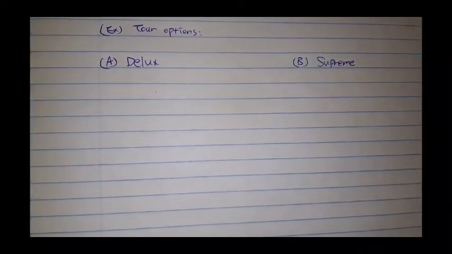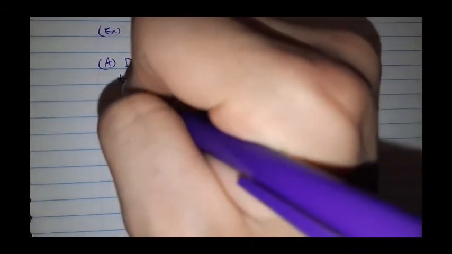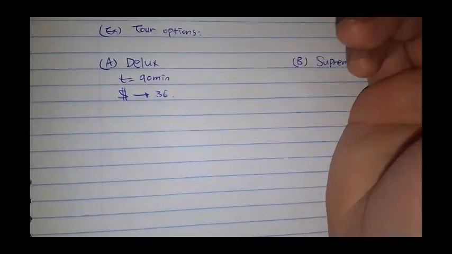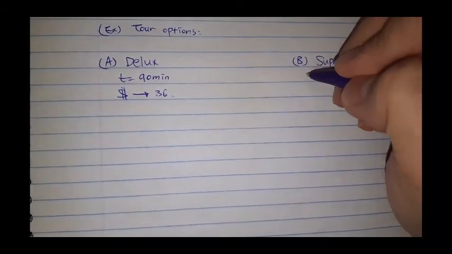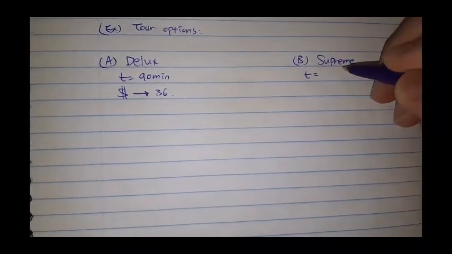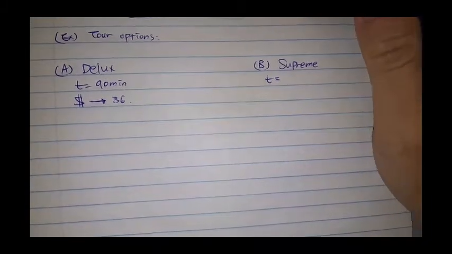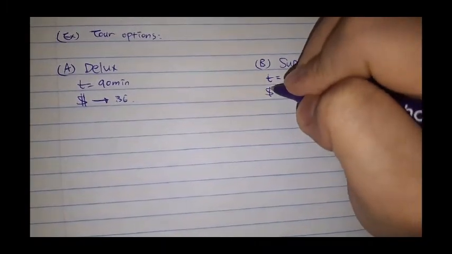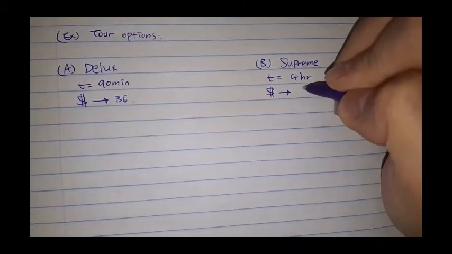There's only one condition given for each. For the first, the time is 90 minutes and the amount of money is $36. For the second, the Supreme package, the time is 4 hours and the cost is $84.